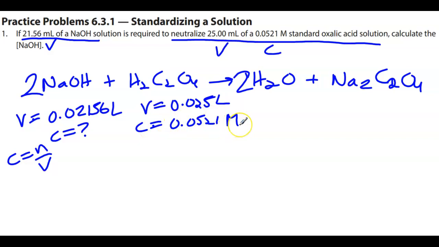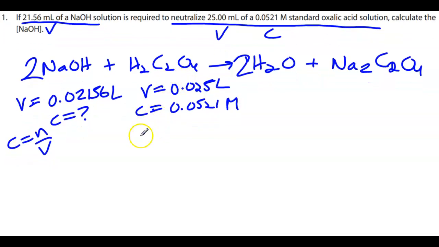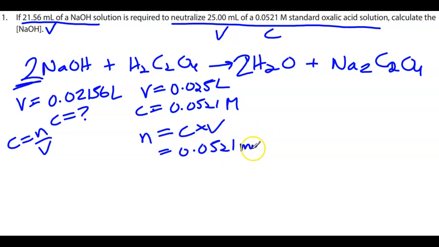So this is essentially standard stoichiometry. We want to solve for the moles of our acid, and since it says it's being neutralized, that value of moles is going to be equivalent to the moles of our sodium hydroxide. Now we do have to consider the mole ratio, but we can get going. So n is equal to C times V. So this is 0.0521 moles per liter, times 0.025 liters, right?